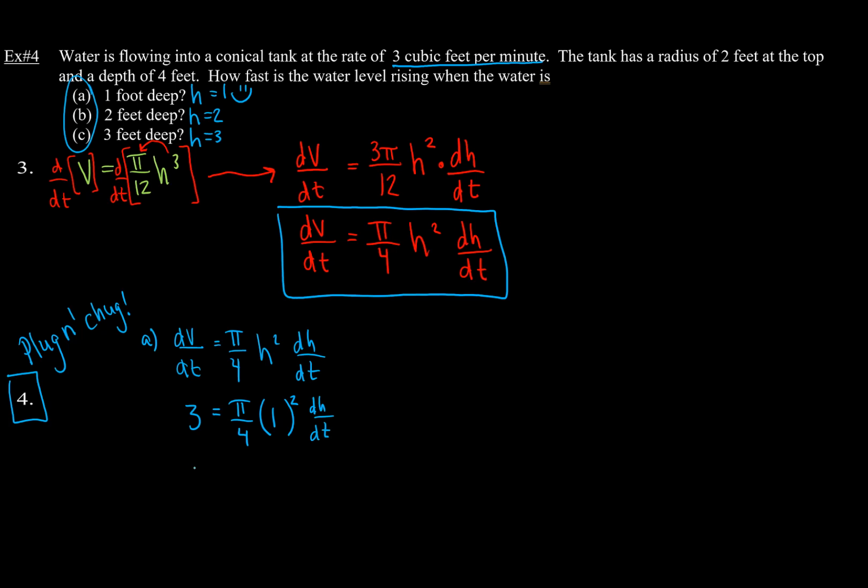In order to solve for this, because I end up with 3 equals pi over 4 dh/dt, I need to divide both sides by pi over 4, or multiply by the reciprocal. Then I would end up with 12 over pi. This is a height measurement, so it's just regular linear feet, and this is in feet per minute.